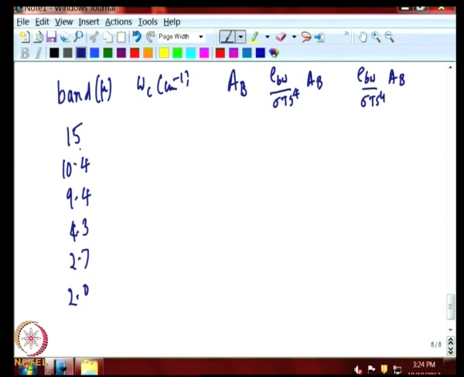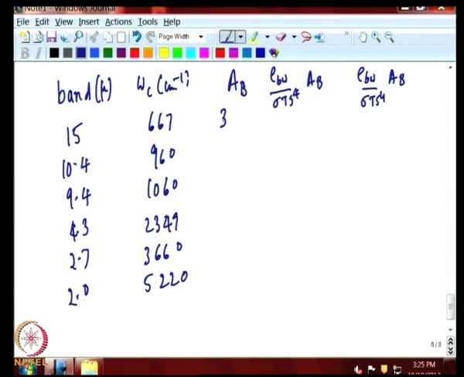So, I have considered here about 3 plus 3, 6 bands, and their centers in wave number space are 667, 960, 1060, 2349, 3660 and 5220, and the band absorptance at these wave numbers are for these proper conditions 312, 210, 170, 343, 384 and 49.